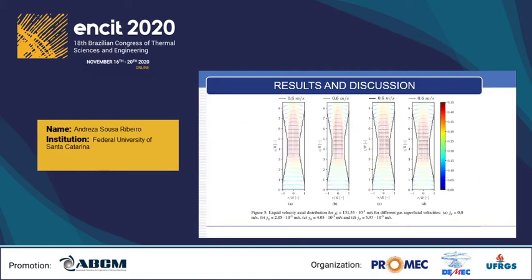This figure shows the liquid axial velocity distribution for the turbulent case and different gas superficial velocities. For the case with high superficial liquid velocity, the liquid velocity profiles are also affected by the dispersed bubbles.